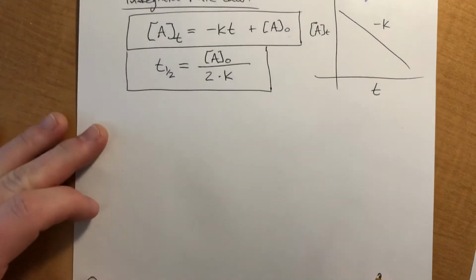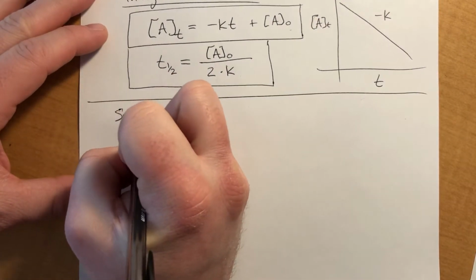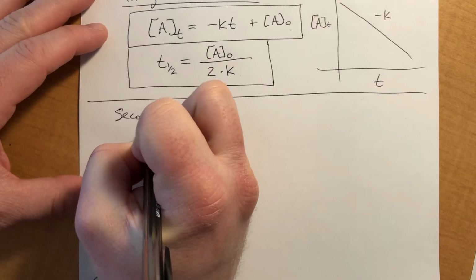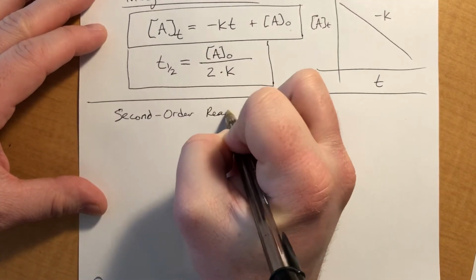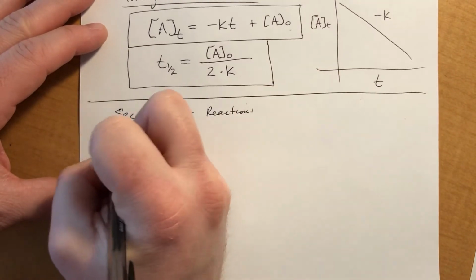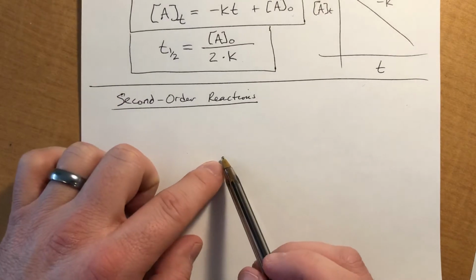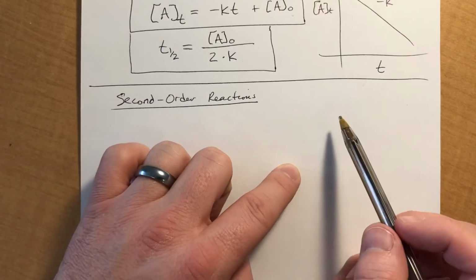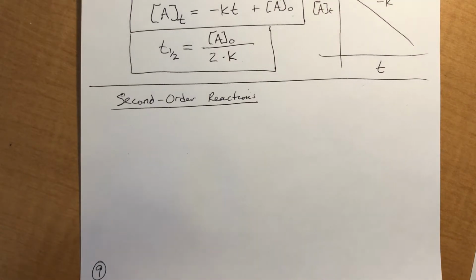Okay, I want to jump straight into second order reactions. It is possible to have a second order reaction where you have rate equals k times one compound with a 1 and another compound with another 1, both of them are 1s. Those actually get really complicated.